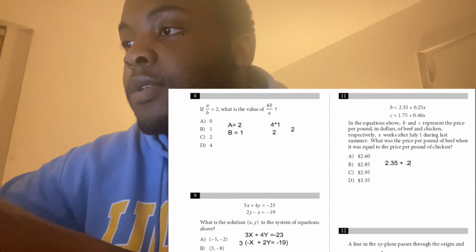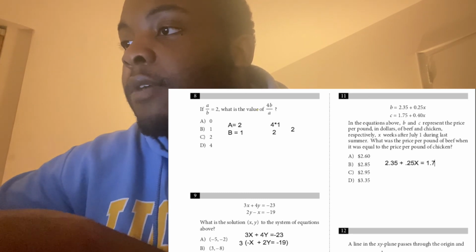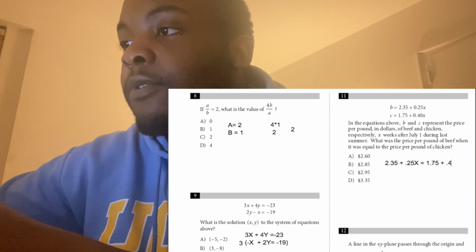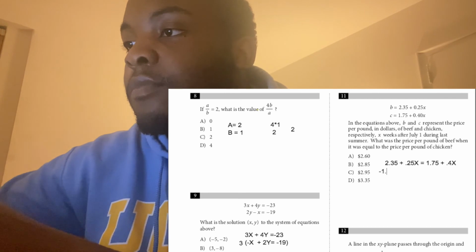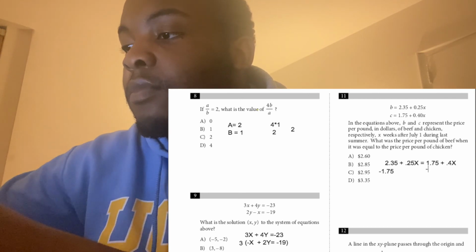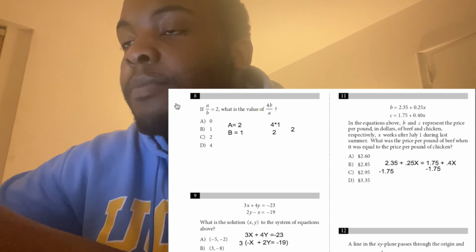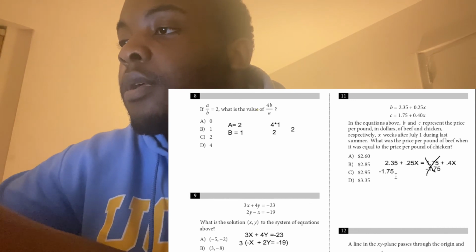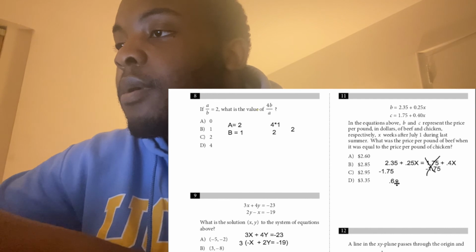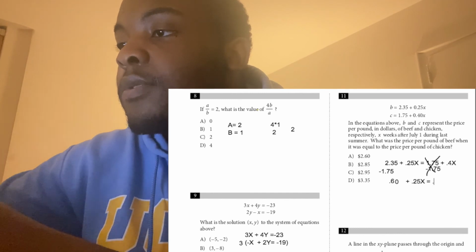You make them equal to each other, literally. So 2.35 equals 1.75 plus 0.4x. You just move everything around, minus 1.75 on both sides. So that's going to cancel out, right? And then you're going to have 0.6 plus 0.25x equals 0.4x.